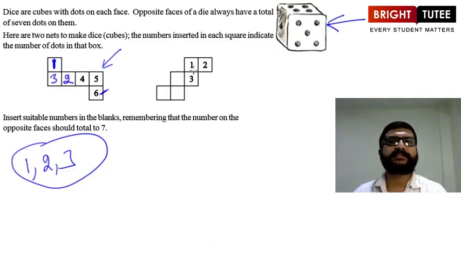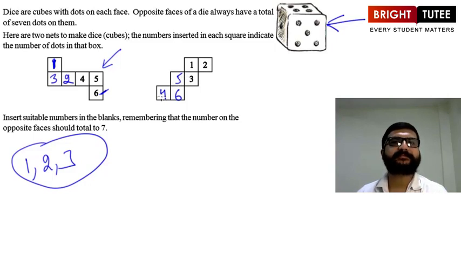When we fold this, the face opposite to the face where 1 is marked is this one, so we will mark 6 here. The face opposite to the face where 3 is marked is this face, so we will mark 4 here. And the face opposite to the face where 2 is marked is this face, so we have to mark 5 here, so that the sum of the opposite faces is 7.